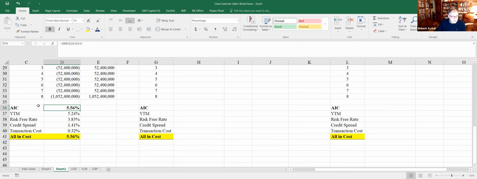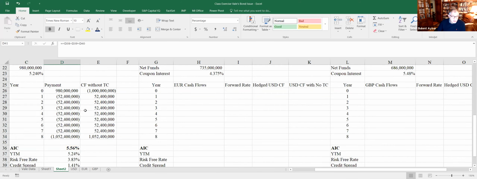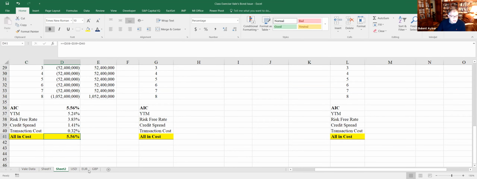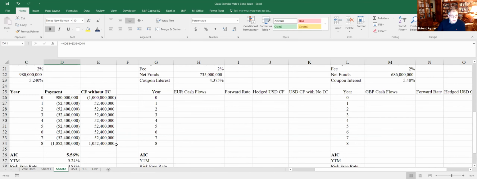So we verified our calculated all-in cost by using these three components. The risk-free rate of return, credit spread, and transaction cost combined determine the cost of this bond issue. So if Vale were to choose this bond issue, its cost would be 5.56% in US dollar terms.